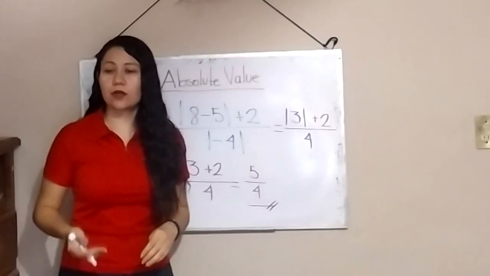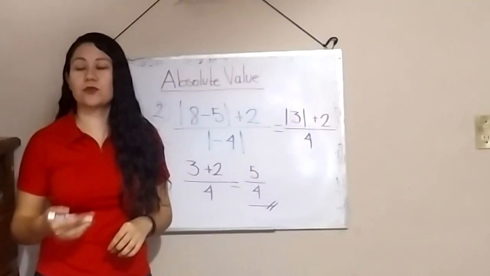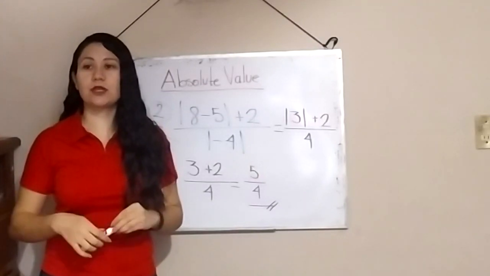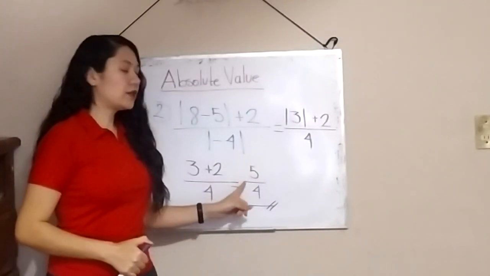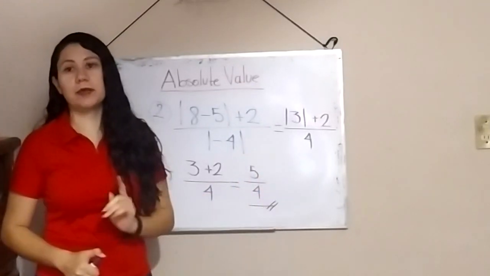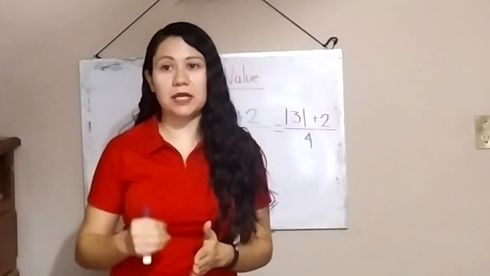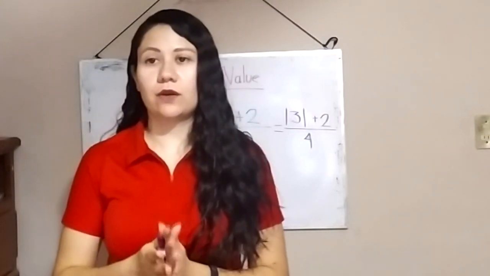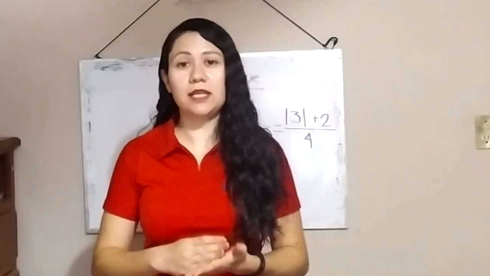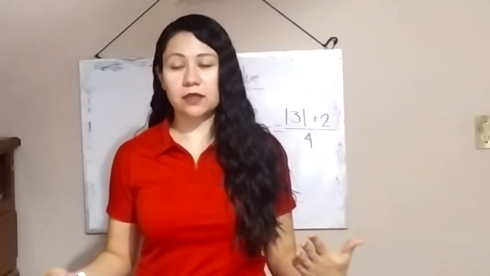We could transform it into an improper fraction, okay? But you can either leave it this way or make it an improper fraction, but you don't have to make the division.